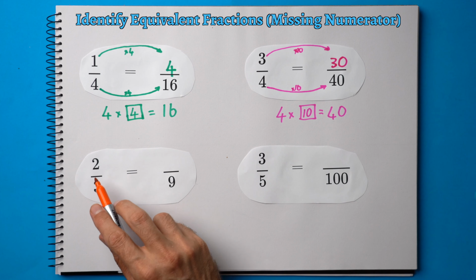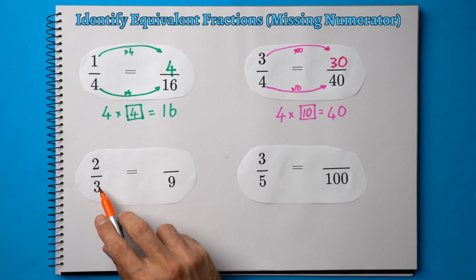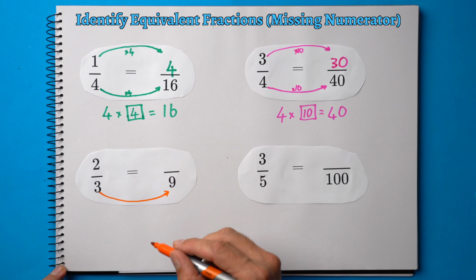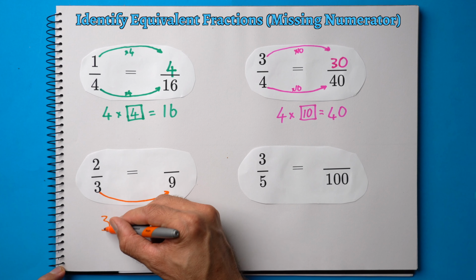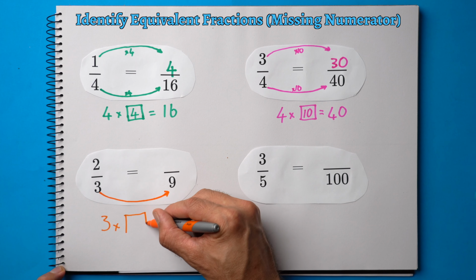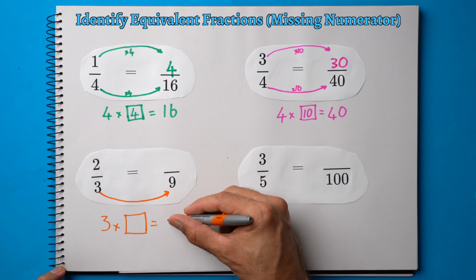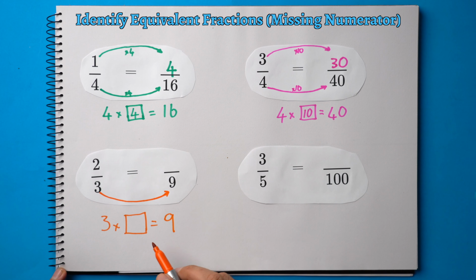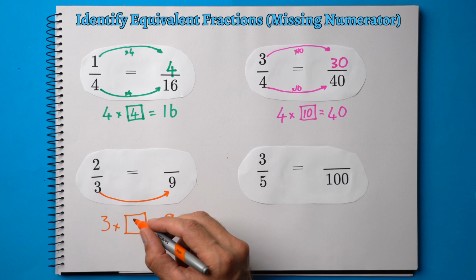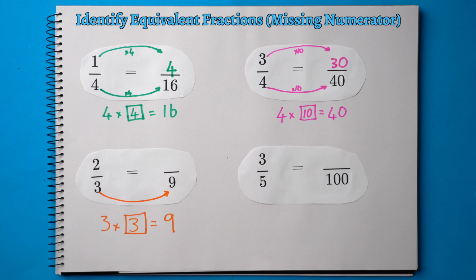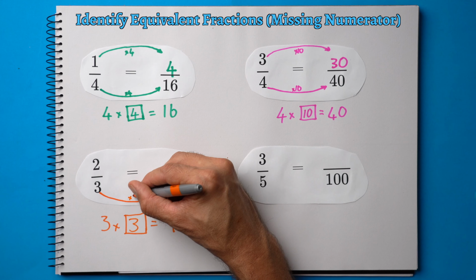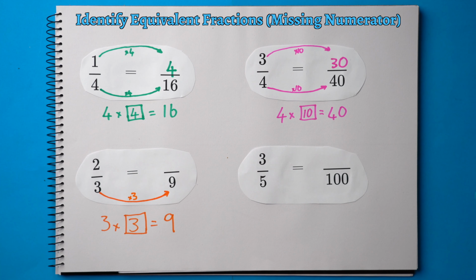In this example, we've got 2 thirds is the same as don't know ninths. So we've got this relationship here. 3 times what number equals 9? And if we know our tables, we're going to know 3 times 3 is equal to 9. So that's times 3.